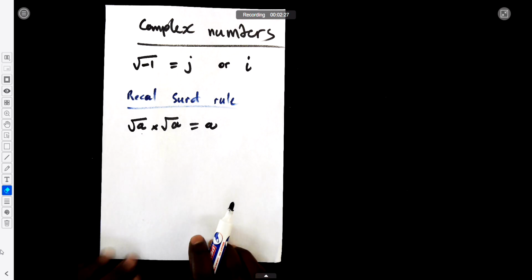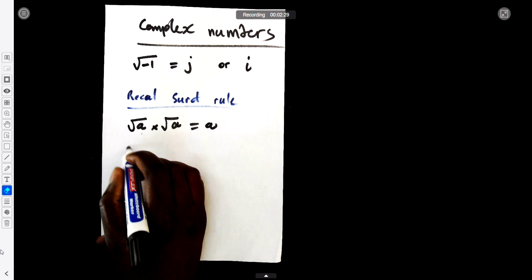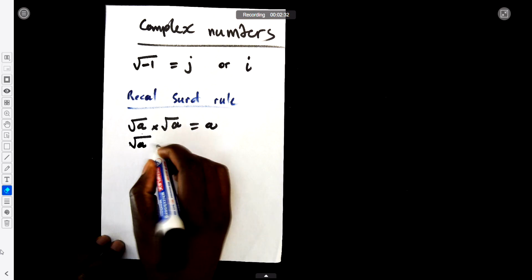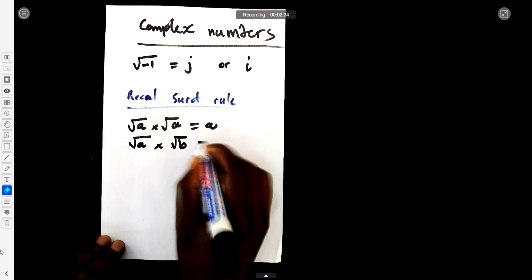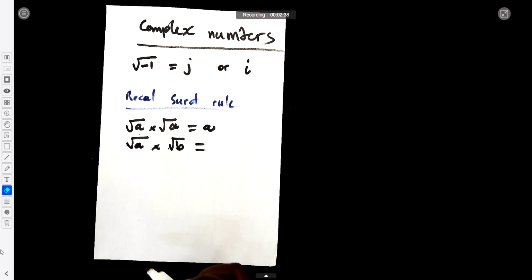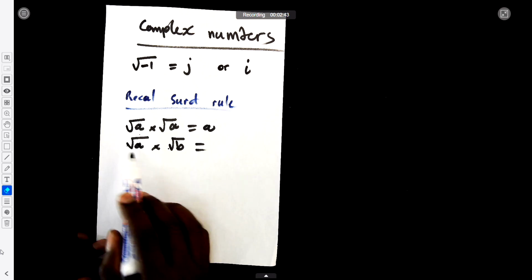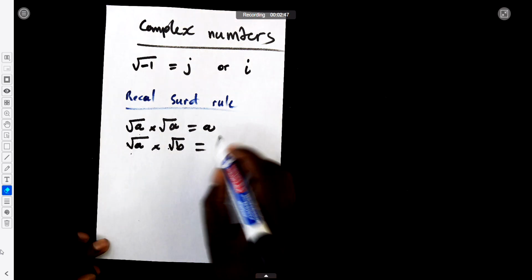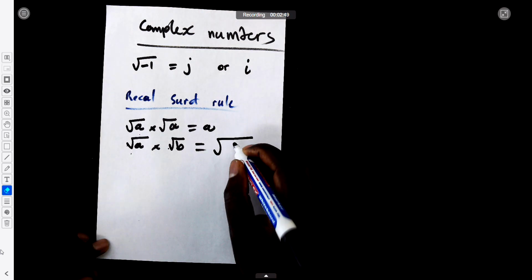Even in this case, for example, if now you have, let's say, root a times root b. The roots are the same, but the factors inside the roots are not the same. Now we are going to take one root and multiply the factors which are inside the roots. So we're taking one root because we have a square root.